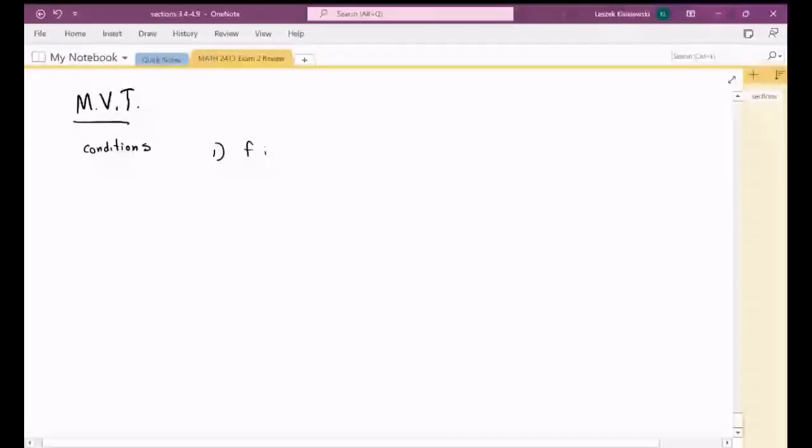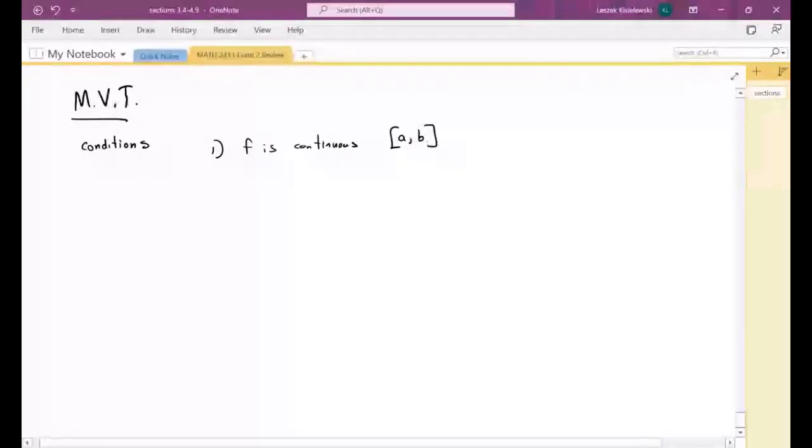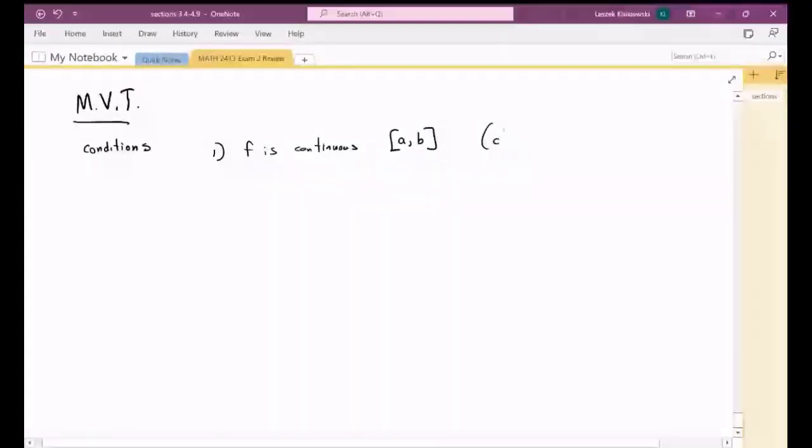So f is continuous on the closed interval, including the endpoints. You can't have the function flying off in vertical asymptotes at the endpoints. f is continuous on the closed interval and differentiable on the open interval.